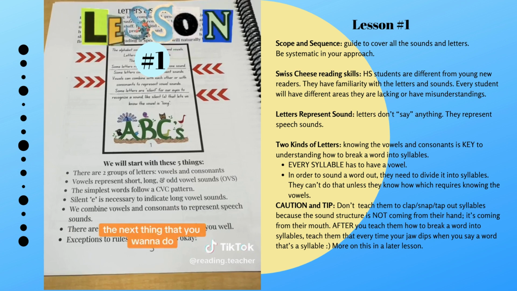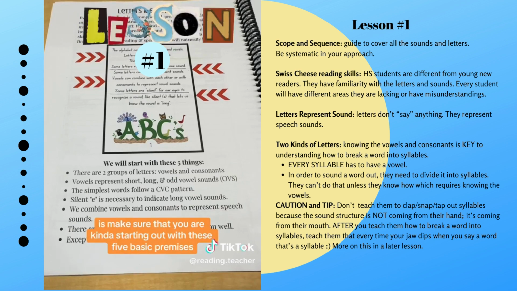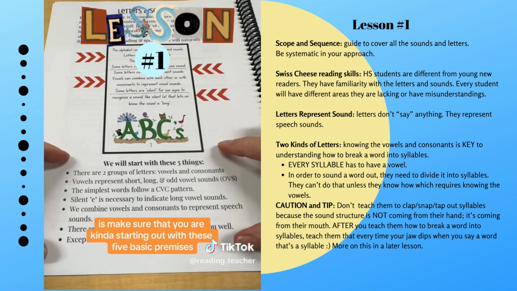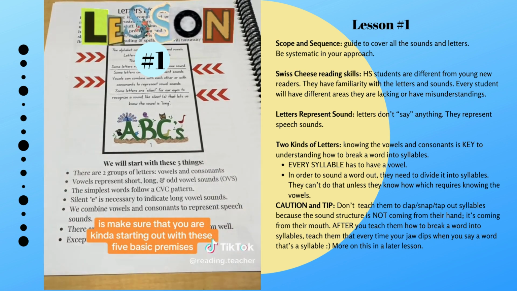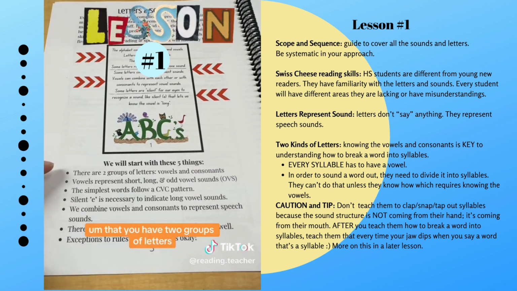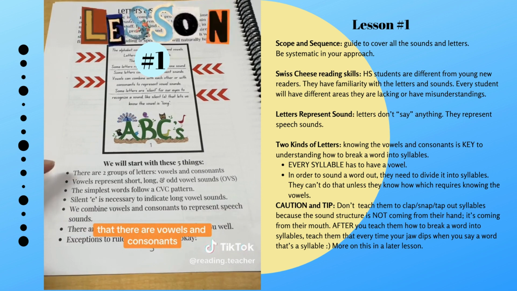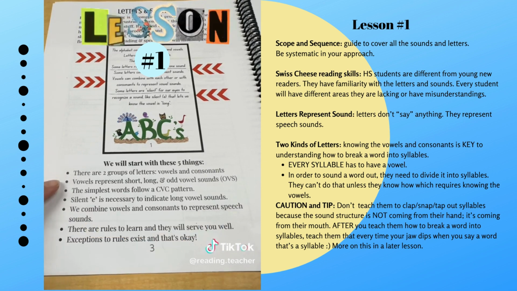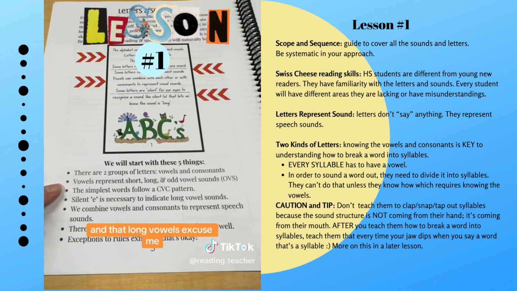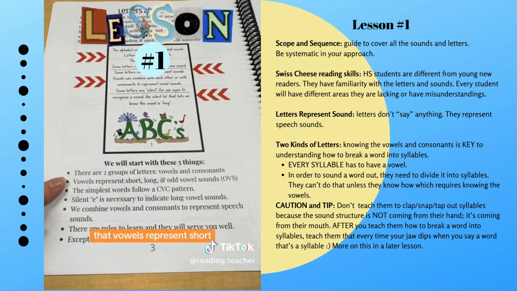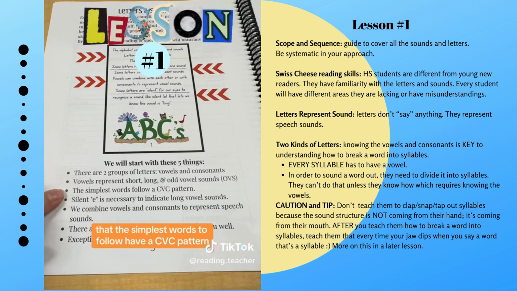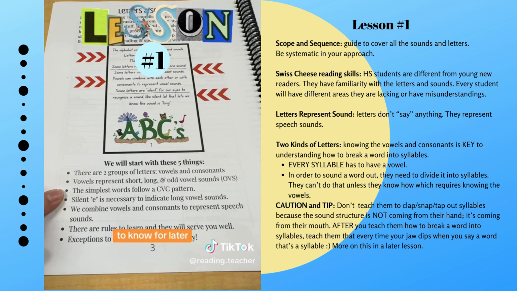The next thing that you want to do is make sure that you are starting out with these five basic premises. That you have two groups of letters, that there are vowels and consonants, and that's really where we're going to start. And that vowels represent short, long, and odd vowel sounds, that the simplest words to follow have a CVC pattern, and that's really important to know for later.